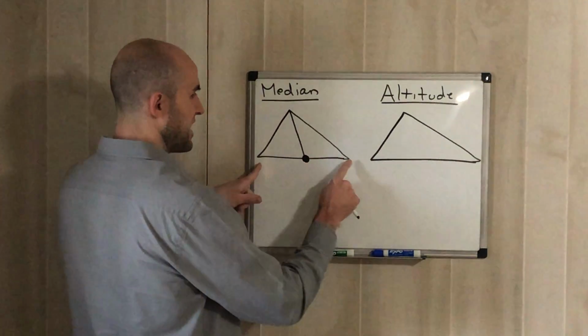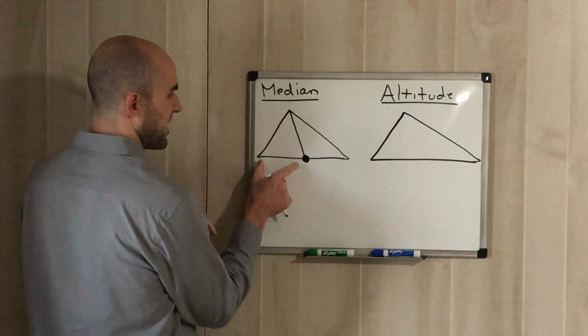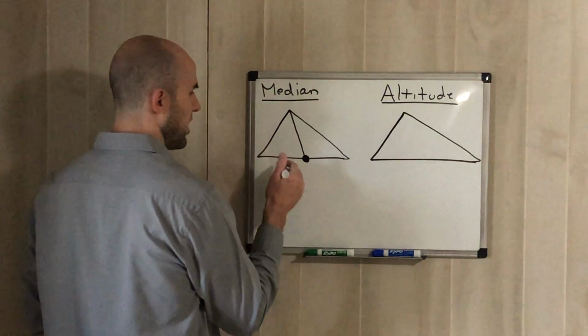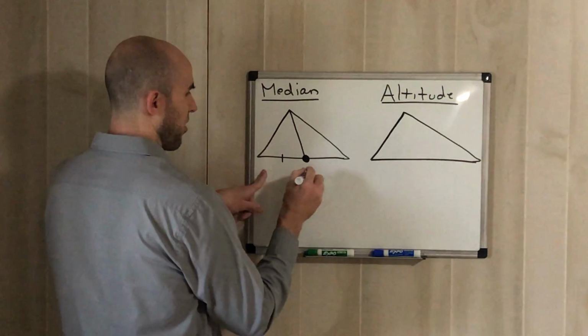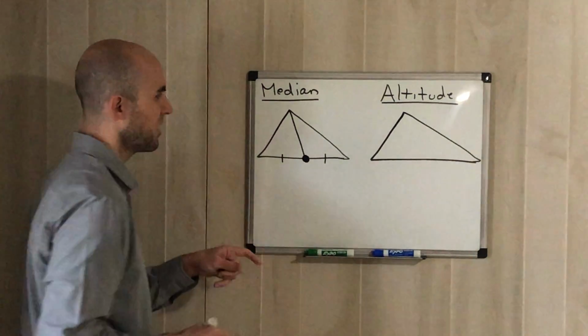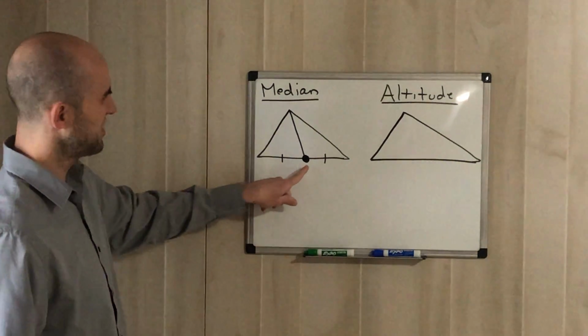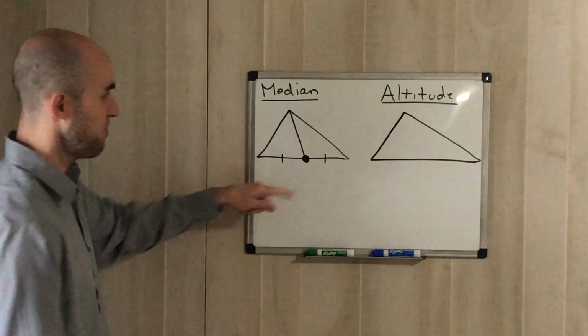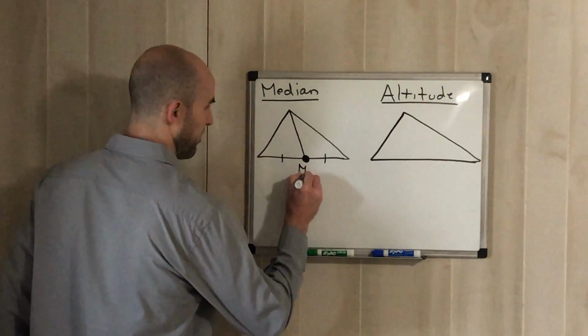So if this point is in the middle of this side, it means that this part is equal to that part. We know that this part is going to be congruent to that part. And it's just to show you that that point is in the middle, that this is a midpoint, right?